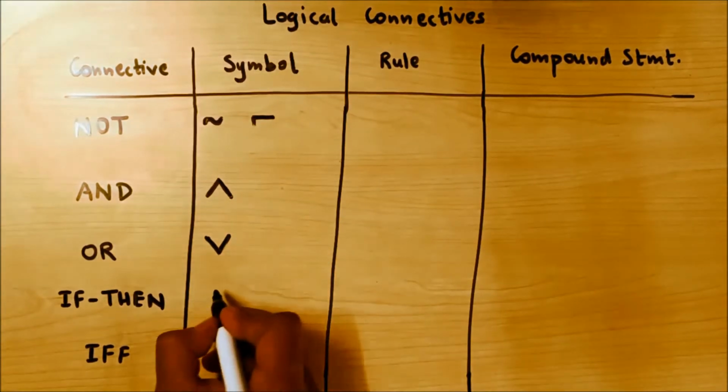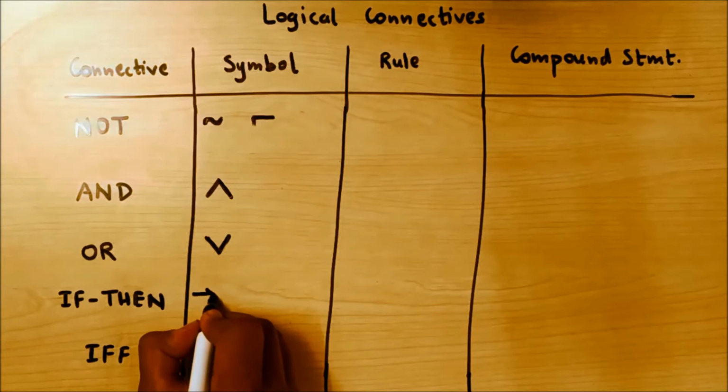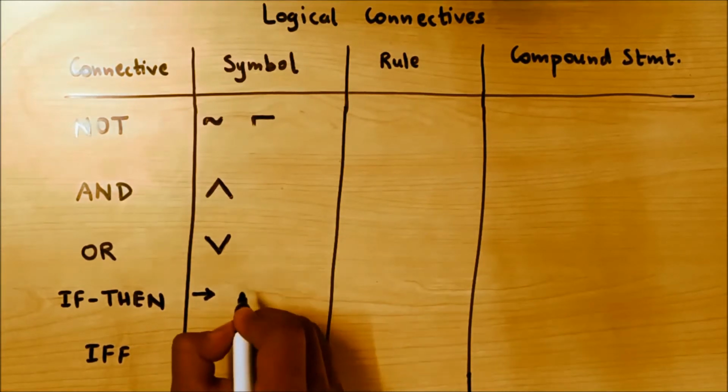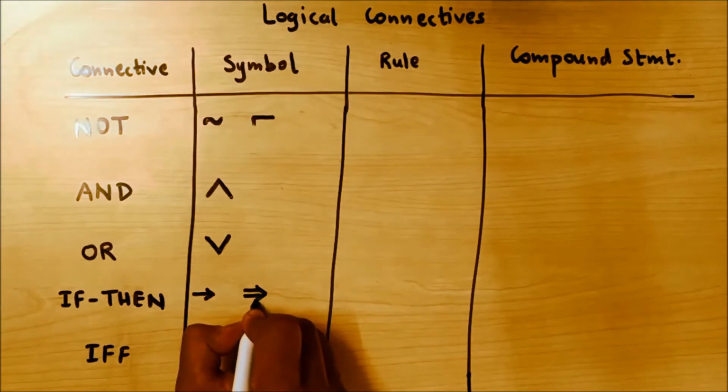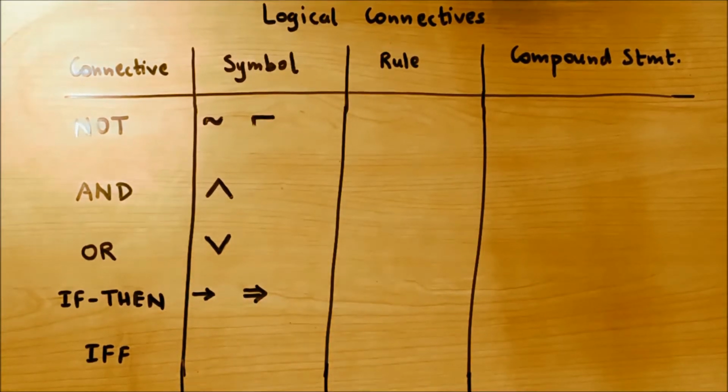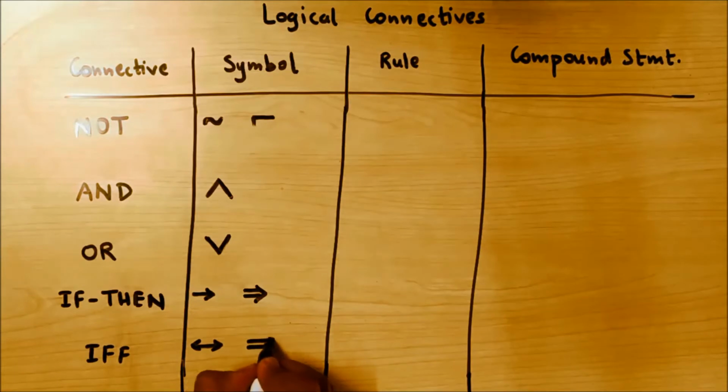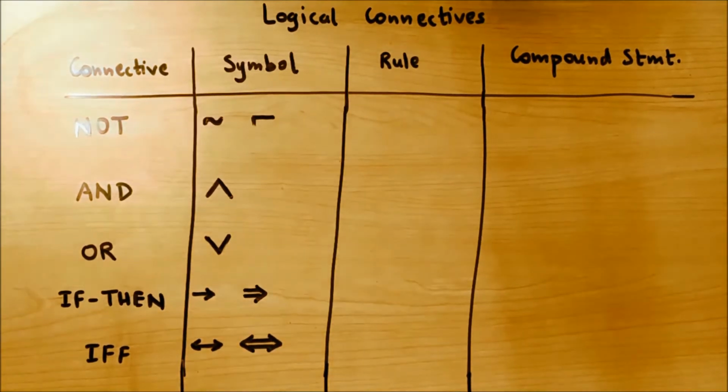Then if then is the arrow pointing right. Now sometimes we also use this double line over here, so this is also for if then. Next is if and only if, so it's both ways, left and right. Similarly, you could use a double line and the arrow on the left and arrow on the right, both ways. So these are the symbols for the logical connectives.